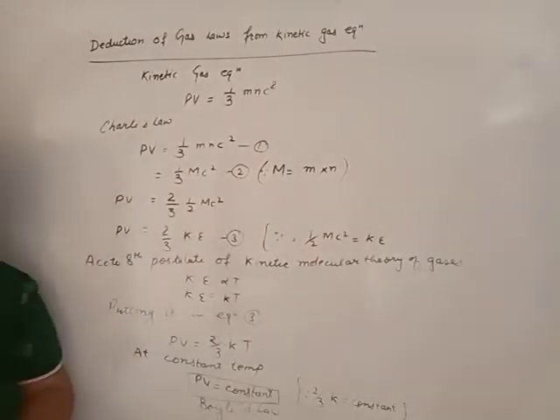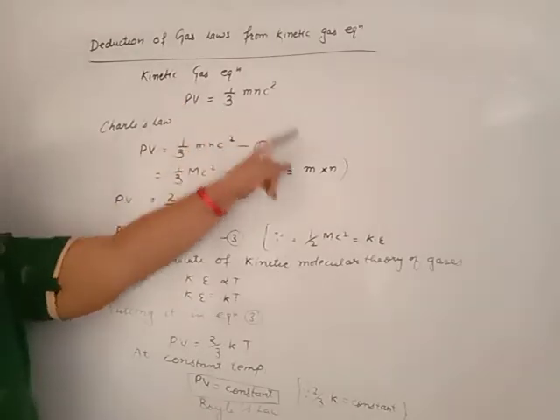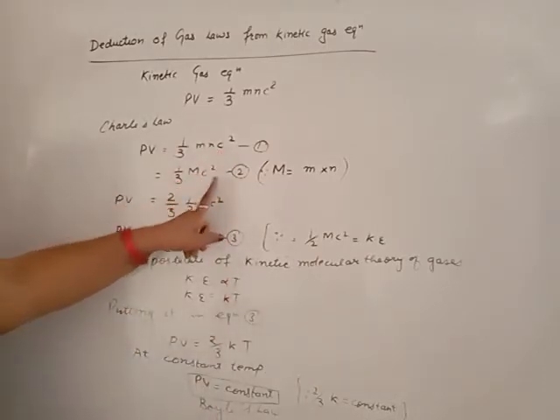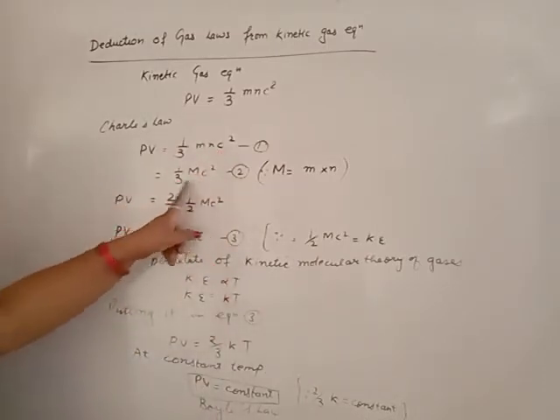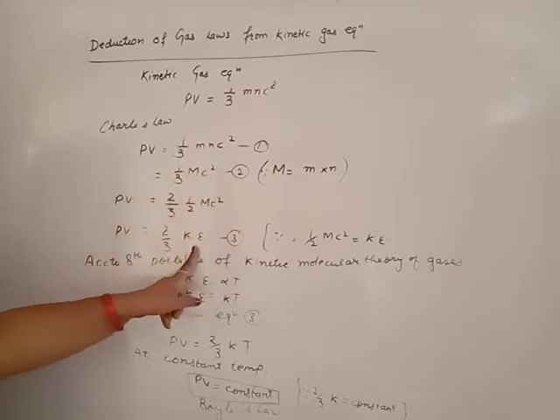Charles's law is also derived from the kinetic gas equation, that is PV = 1/3 mnc². The first equation remains the same, and the second equation, multiplied and divided by 2, remains the same. We get the third equation.